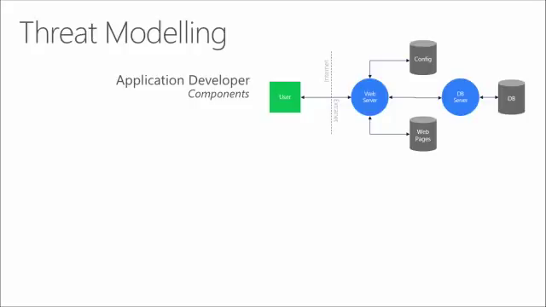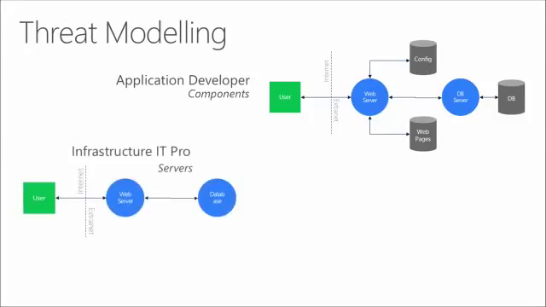So the interesting thing about threat modeling is that it can be applied at several different levels. An application developer really is in control of and cares about components. So things like the web server and the config is separate from the web pages, the database server is separate from the database, and of course the user is there crossing that trust boundary between the internet and the extranet.